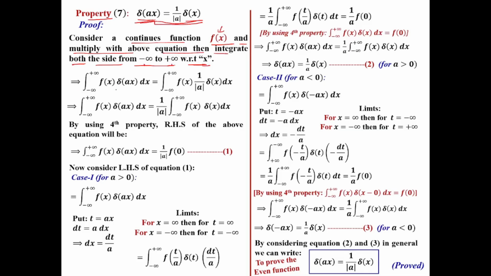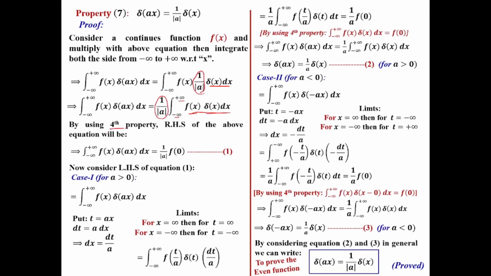That implies on the left hand side, integral from minus infinity to plus infinity of f(x) delta(ax) dx. The right hand side we also write like this: integral from minus infinity to plus infinity of f(x) times 1 by mod a delta(x) dx. Here 1 by mod a is a constant, taken outside of the integration: integral from minus infinity to plus infinity of f(x) delta(x) dx.